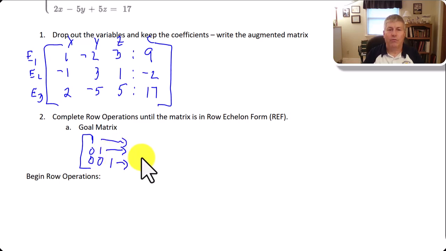We're going to use those, of course, but our goal is to get the top row, first column as a 1, second row, first column as a 0, and the first 2 columns in row 3 to be a 0, and these other coefficients to be 1. So that's really our goal matrix.